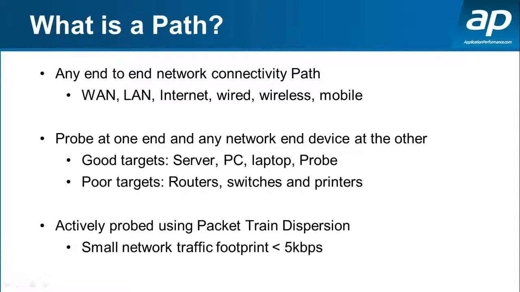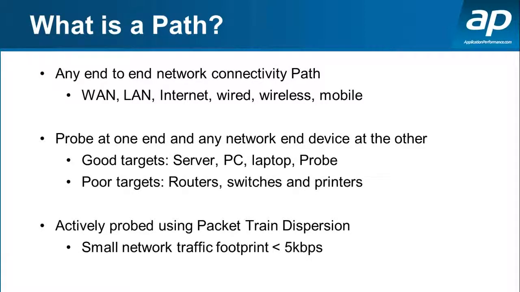So we're actively probing each network path, but it's a special technique called packet train dispersion, which uses particularly spaced bursts of ICMP, and it looks at the distortion compared to the outgoing timing when it's been echoed back.